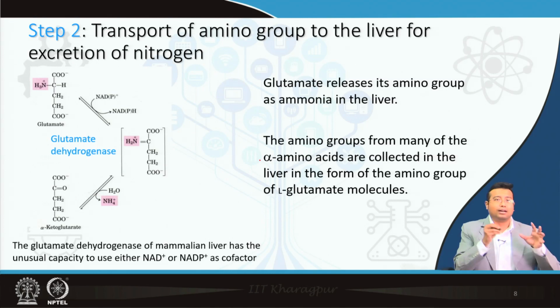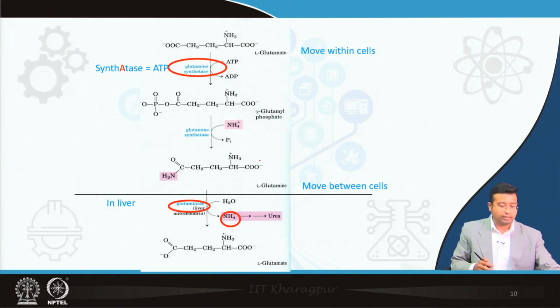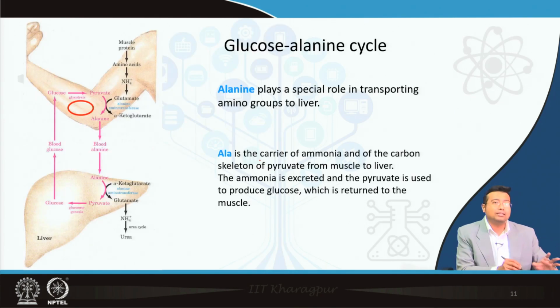And finally, glutamate, in the form of its keto acid alpha ketoglutarate, is acted upon by glutamate dehydrogenase, and that releases ammonia. We already know that not only glutamate, but glutamine is actually the major collector of ammonia from all the peripheral cells via the glutamine synthetase reaction, and it finally transports the ammonia into the liver. We also know that in muscles it is alanine that acts as a transporter of ammonia. So, all these concepts have already been covered.